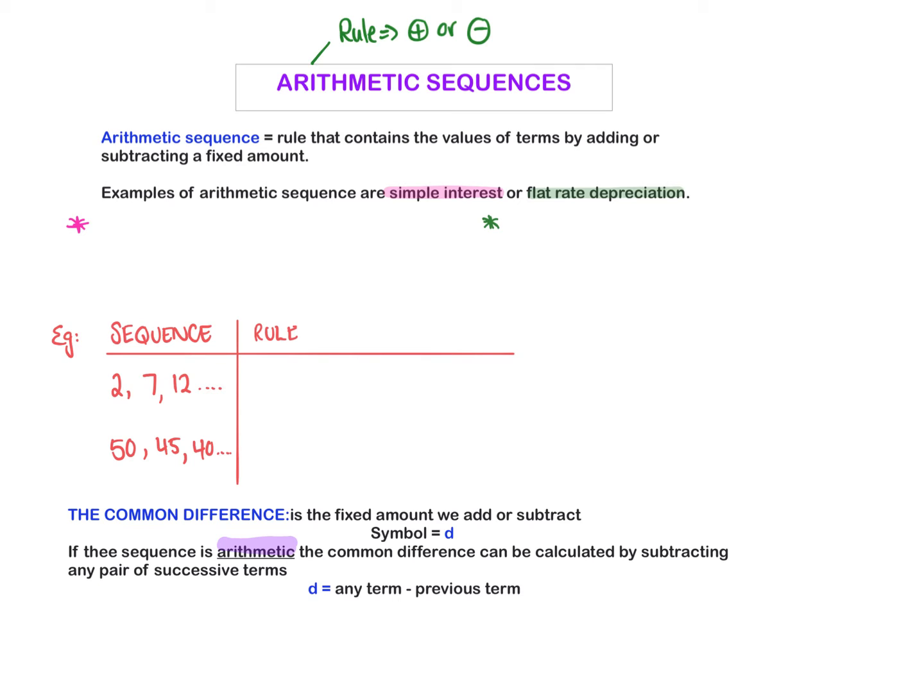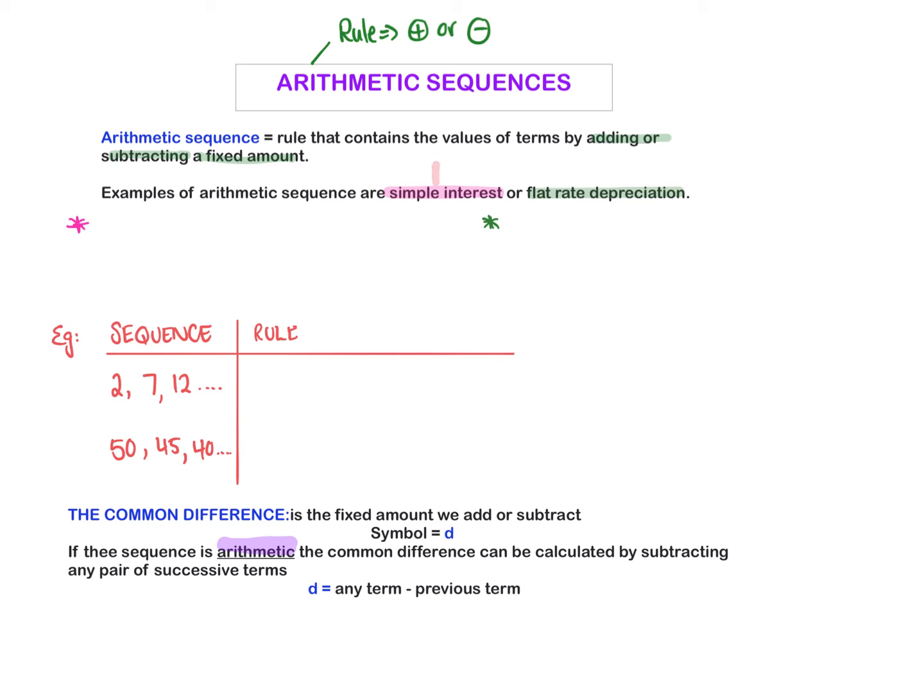Arithmetic sequences generate the values of terms by adding or subtracting a fixed amount, the same amount. Simple interest and flat rate depreciation are examples of an arithmetic sequence, and next year they combine this topic and your finance topic together.